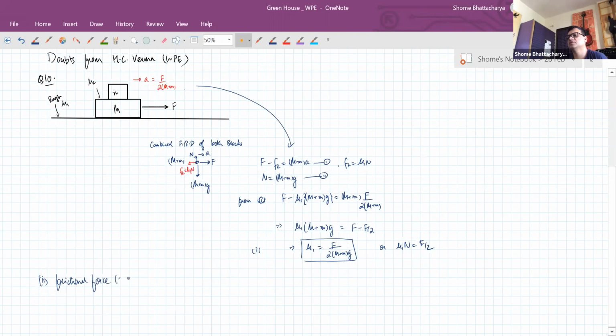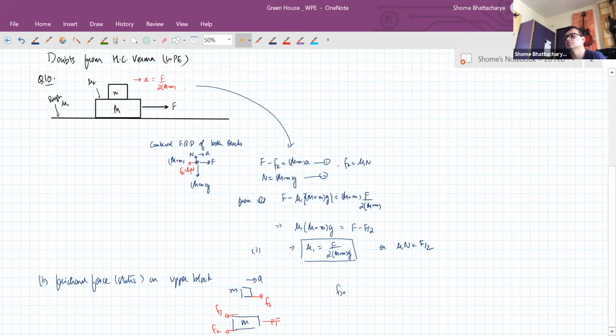So that will be a static friction. If you look at the upper block's free body diagram, there is only a static friction acting on it. Whereas if you look at the lower block's free body diagram, there is the static friction, there is kinetic friction, and F.